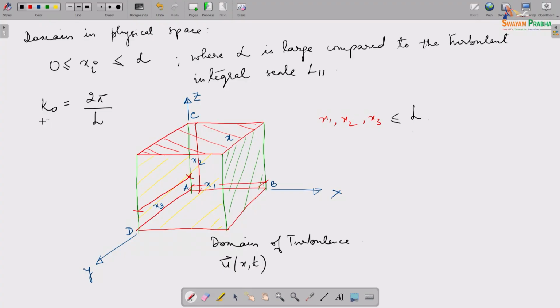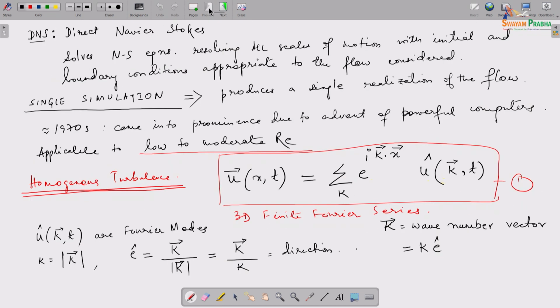The way we integrate, all of these are much smaller than this L. So if I take the largest length, which is L, I get the lowest wave number, K naught. Now, in that cube you have these various waves, all these modes. These are all different waves. Now, how I define those waves with what amplitude is the question.